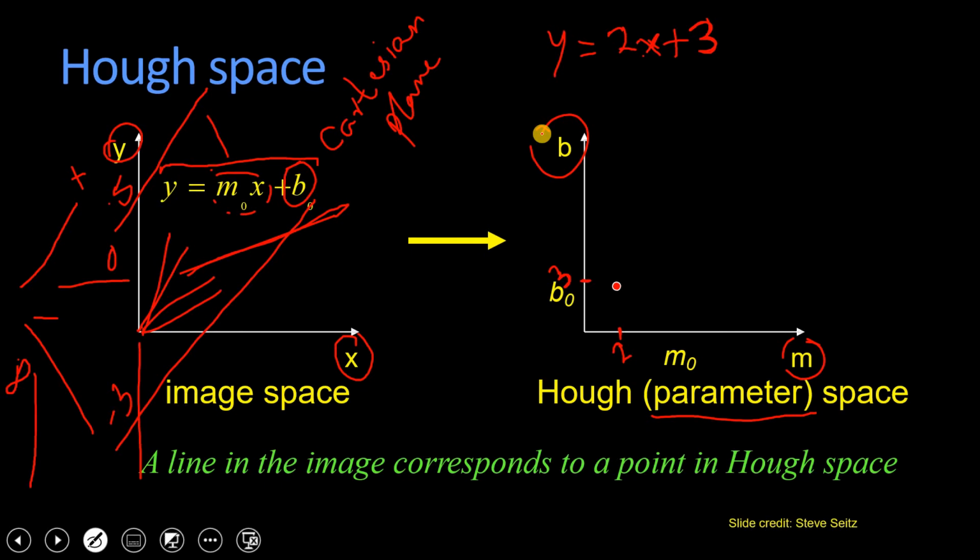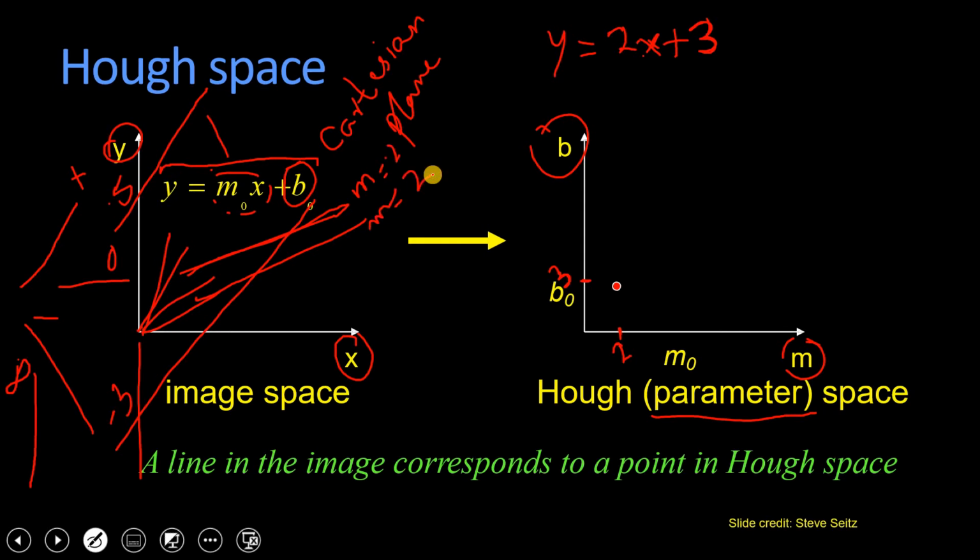So here we have these two parameters, and with them I get one dot in this type of representation. If there is another line, for example this one, it's almost parallel to that one, so the slope is the same. That line's slope was 2, this is also 2.